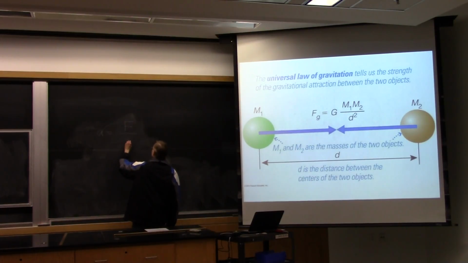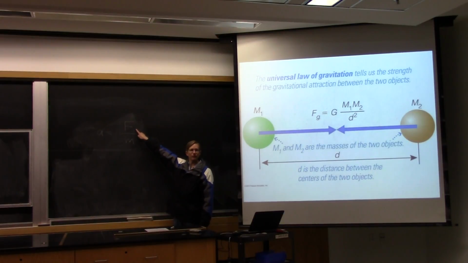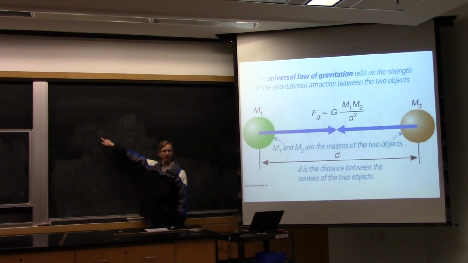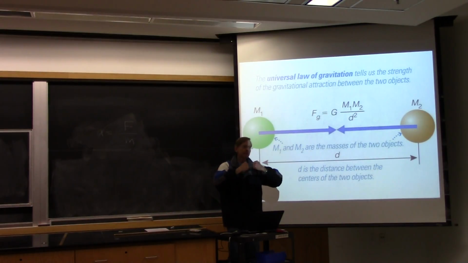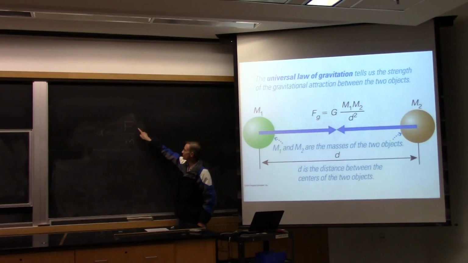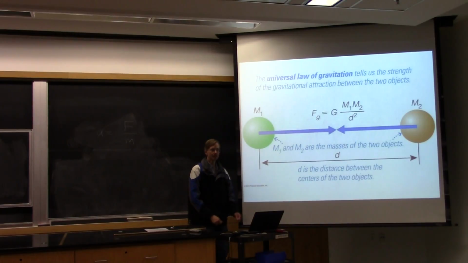If each one has the same force on it, the one with the smaller mass in the denominator is going to have a much bigger acceleration. So the bug and the truck, when they collide, put equal and opposite forces on one another. But when I take that force and divide it by the mass of the truck, I get a small number for the acceleration. When I take that force and divide it by the mass of the bug, I get a squished bug. I get a big number for the acceleration. Okay.